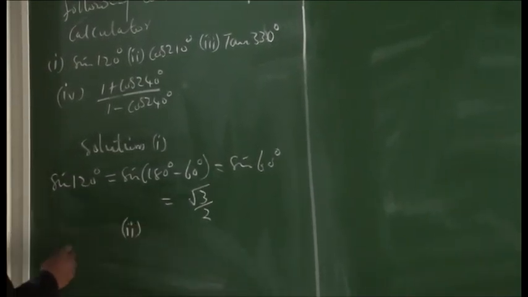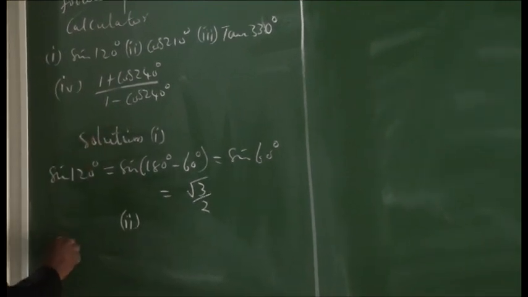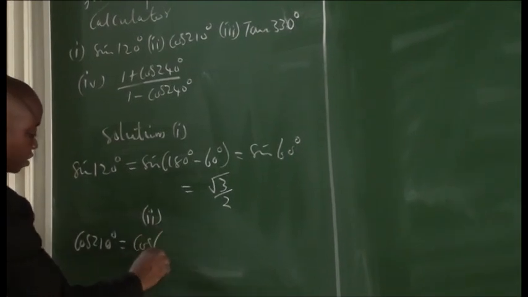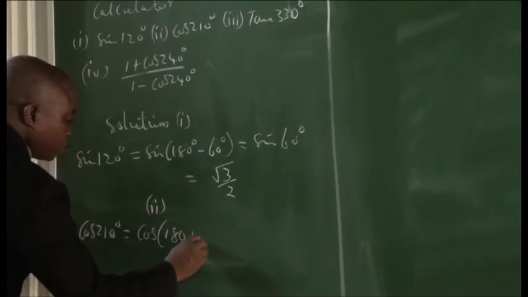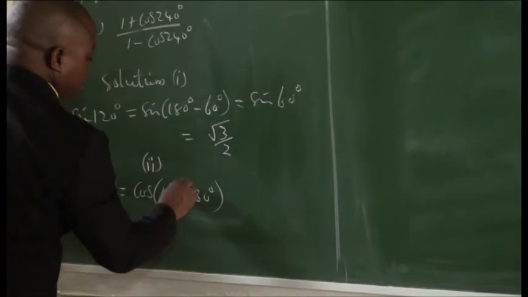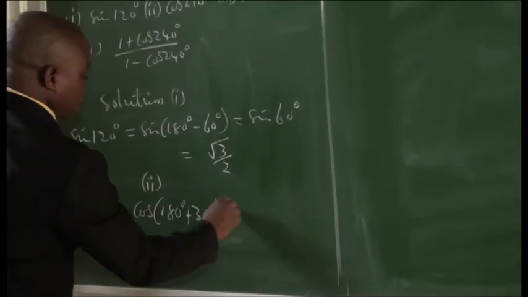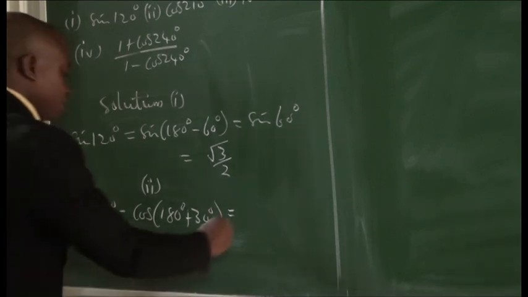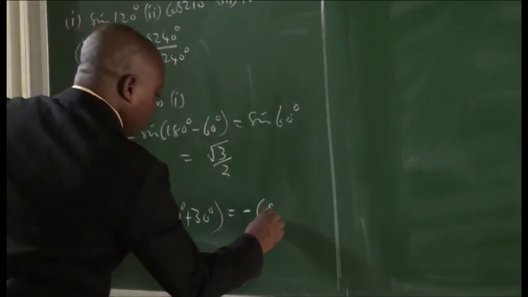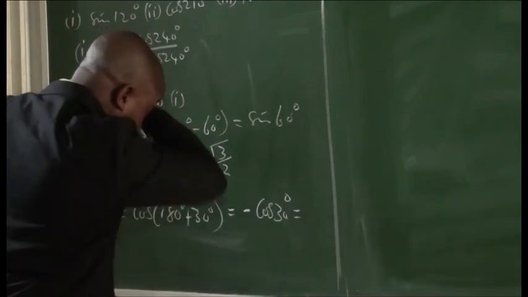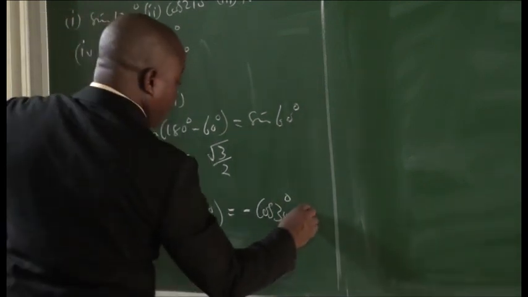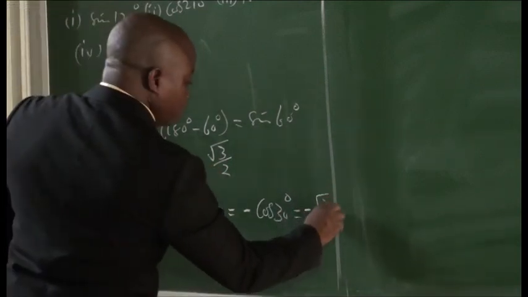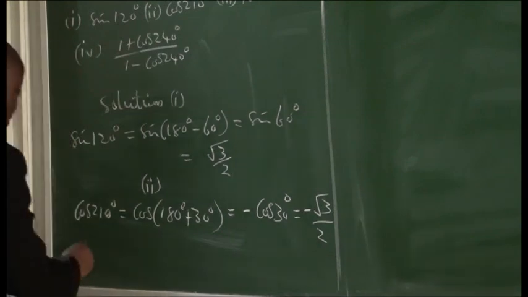II, cos 210 degrees is the same as cos of 180 degrees plus 30 degrees. This one is in the third quadrant, so it gives minus cos 30 degrees, which is minus root 3 over 2.